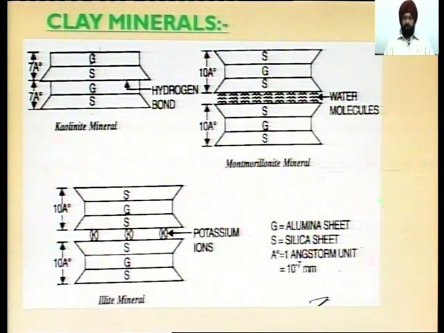So, the montmorillonite minerals contain one segment that is composed of the silica, alumina, silica sheets. The total thickness of this one segment is 10 angstrom, and the other segment also has 10 angstrom thickness, and the same sheets composed of silica, alumina, silica.